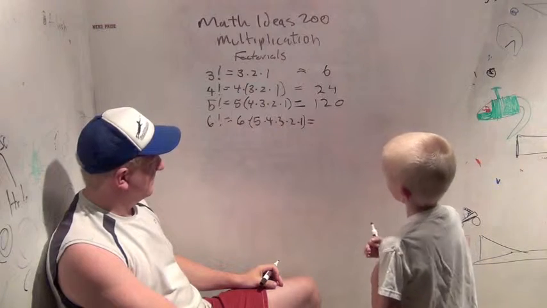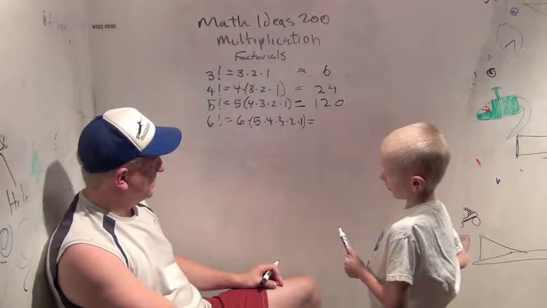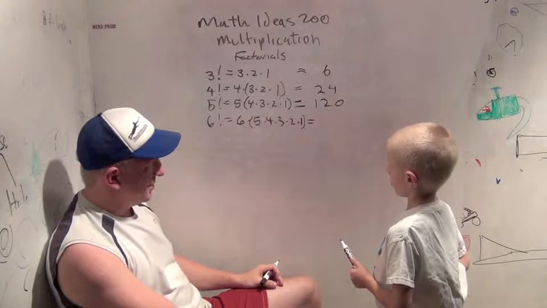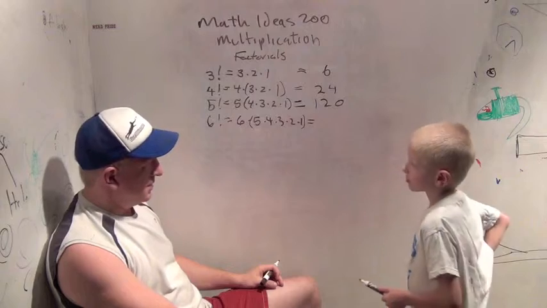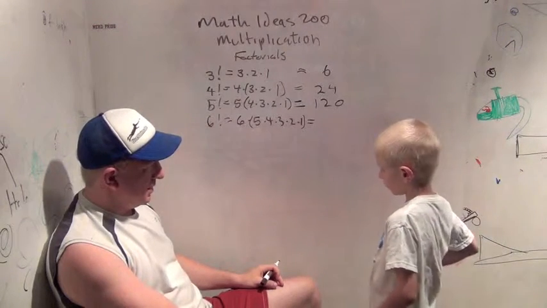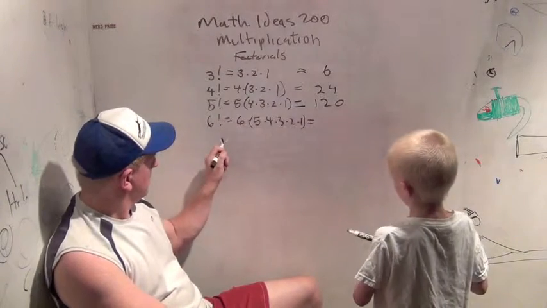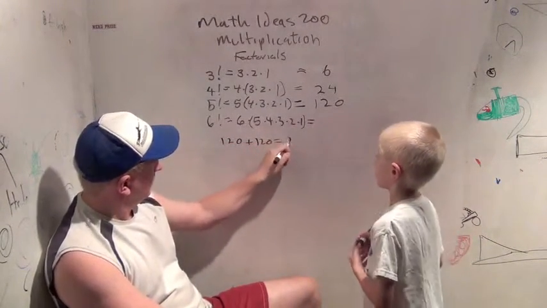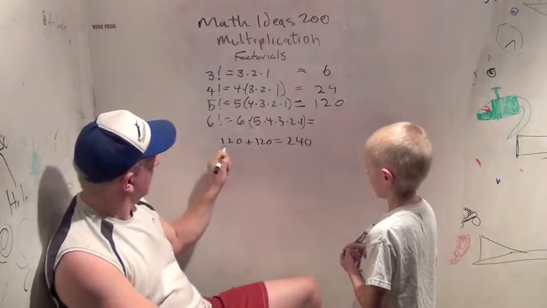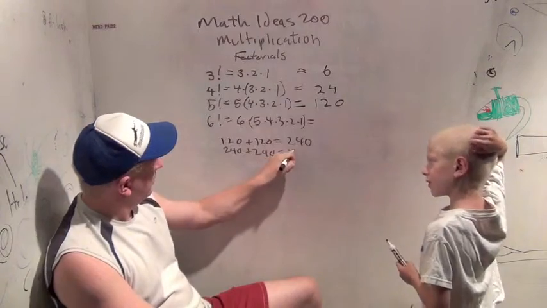Okay, 120 times 2 is 240. Then you group those together, 240 plus 240 is 480.